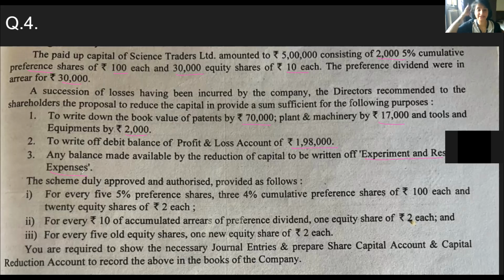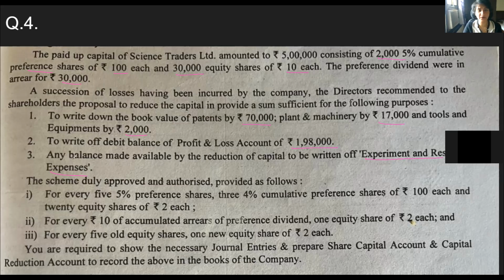Experiment and research expenses means we have to write off the rest of the balance there. Generally the balance left out we transfer to capital reserve, but here we will not transfer to capital reserve. We will be writing off the experiment and research expenses, whatever balance is left in the capital reduction account.